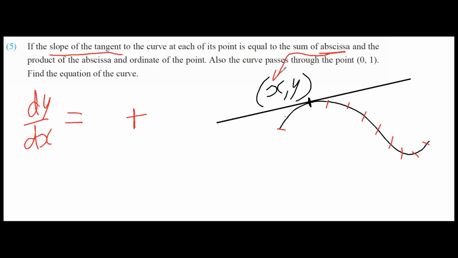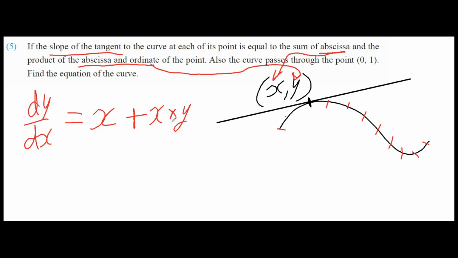What do you mean by abscissa? The x coordinate is called abscissa, and the sum of this abscissa and the product of abscissa and ordinate. Product means multiplication, abscissa means x coordinate, and ordinate means y coordinate. So it will be x into y.